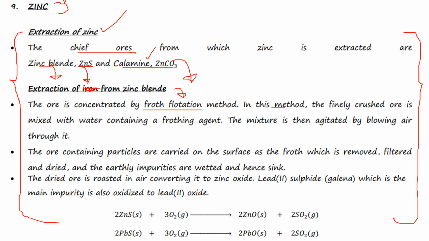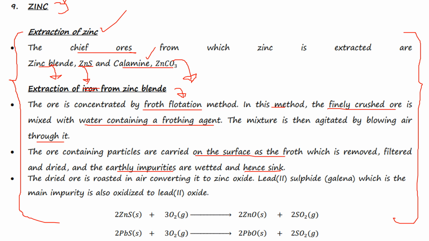So we're going to say that in this method, we get our finely crushed ore and then we mix it with water containing a frothing agent. And once we do so, the mixture is going to be agitated. And we agitate by blowing air through our mixture. And once we do that, the froth is going to float on the surface of the water or the mixture, and the other impurities are going to be weighted, or they are going to absorb water, and after doing so they sink to the bottom of either the tank or the vessel in which you're trying to carry out your extraction.